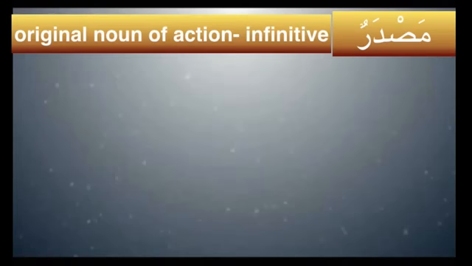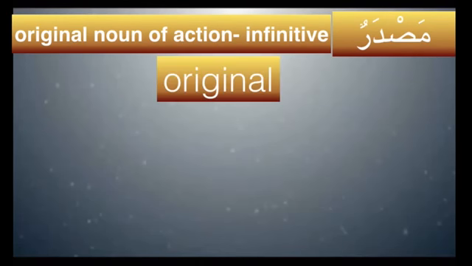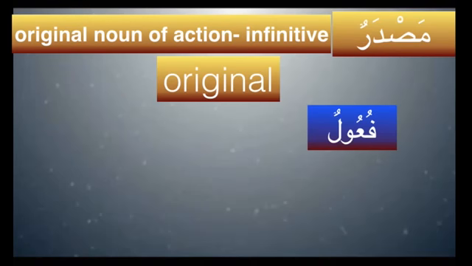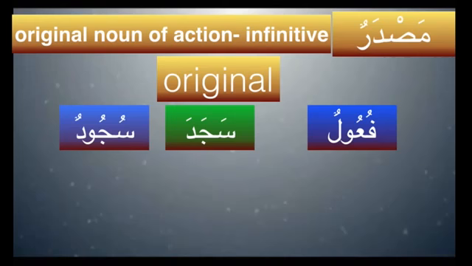So what is masdar? If you want to describe it in English, it is an original noun of action, or it is called an infinitive. The meaning of masdar in English is origin, or original, which means if you take the pattern fu'ulun, for example sajada, sujudun, the base form of the letters is sajada, so those letters are found in the masdar sujudun.